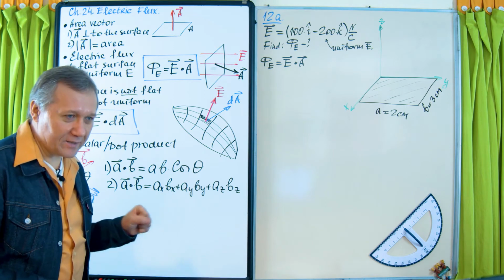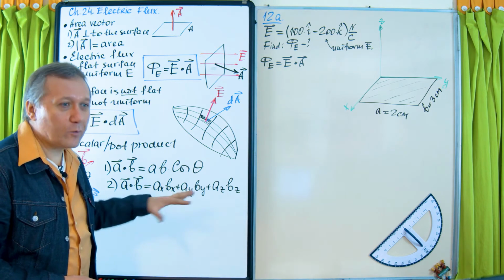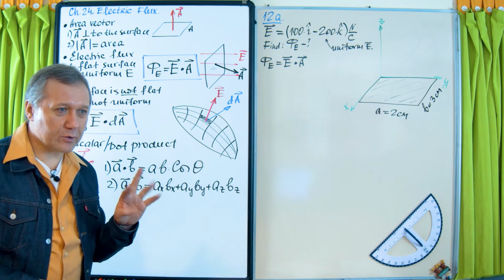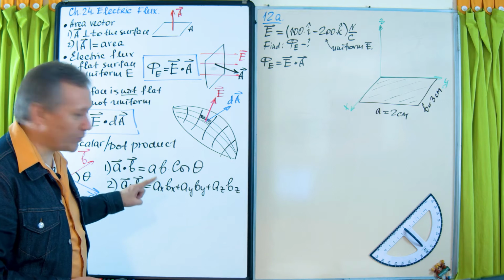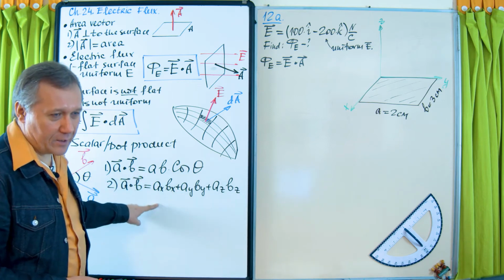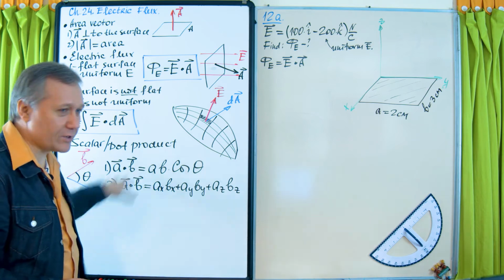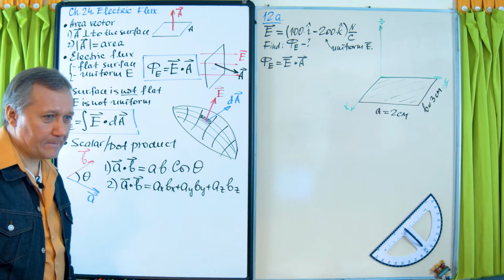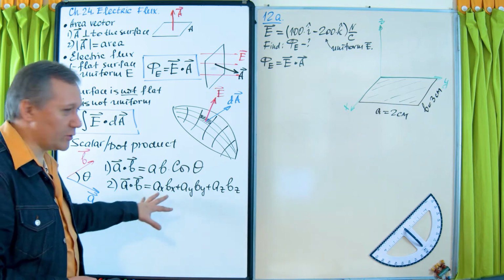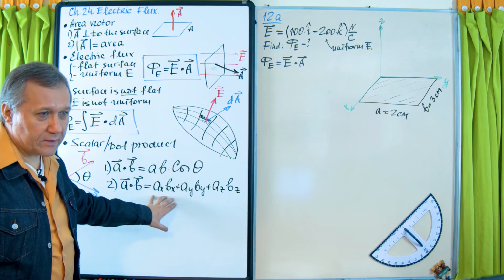In this particular case, of course, it's better to use the second one. On purpose, I picked these two problems so that we can practice both formulas to calculate the dot product. First this, and now that. Basically, one of the ideas of these problems is to refresh how to deal with scalar product, because by this point, usually students forget about this. So this is the best one.